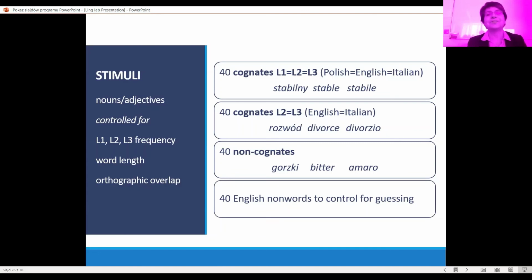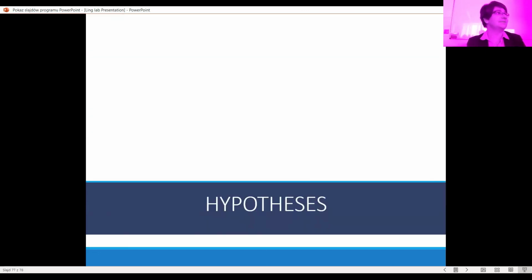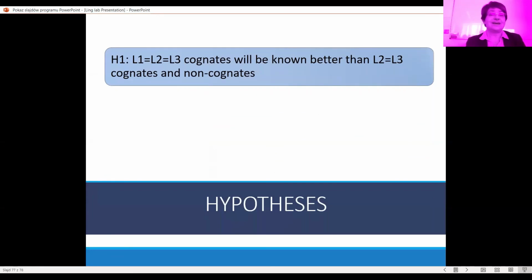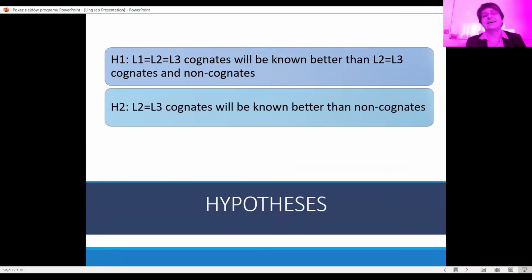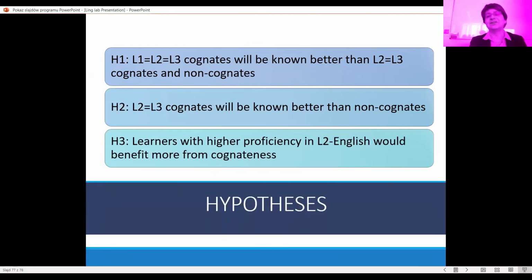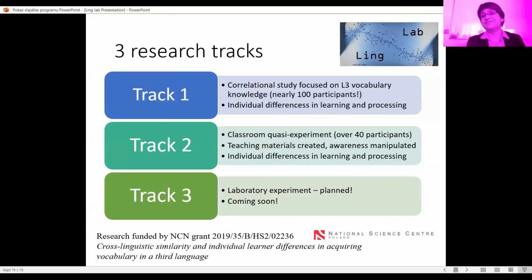We have some hypotheses that triple cognates should be known better than double cognates and non-cognates, and that double cognates should be known better than non-cognates. These are just commonsensical hypotheses. And that learners of higher proficiency in English should benefit more from cognates. I will not tell you the results; I'm just telling you right now.